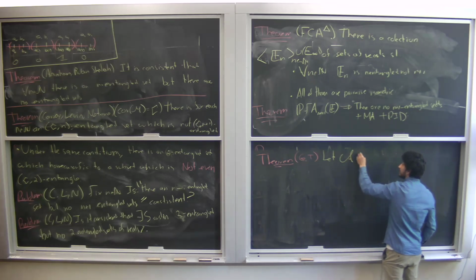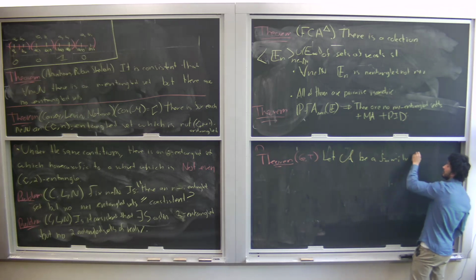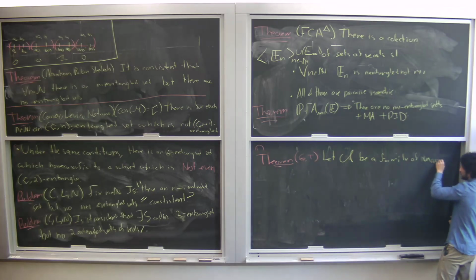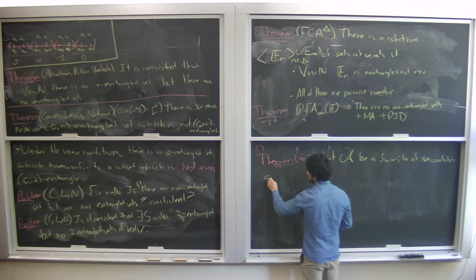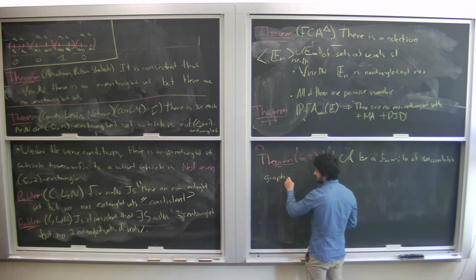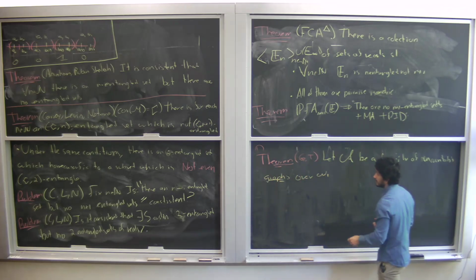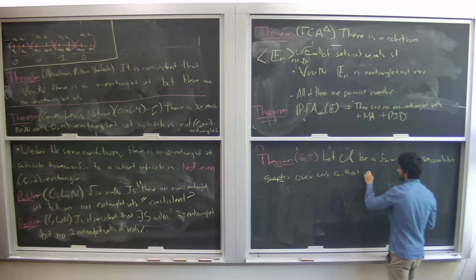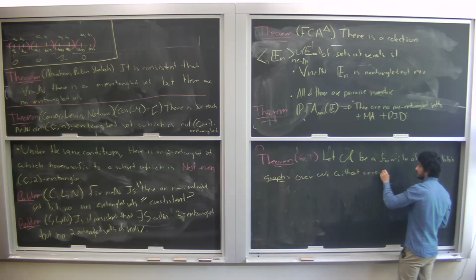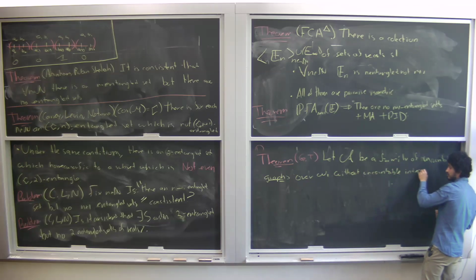Let A be a family of graphs over omega 1 without uncountable independent sets.